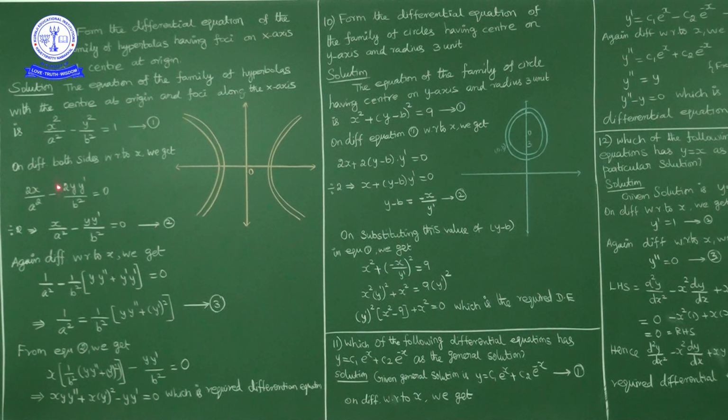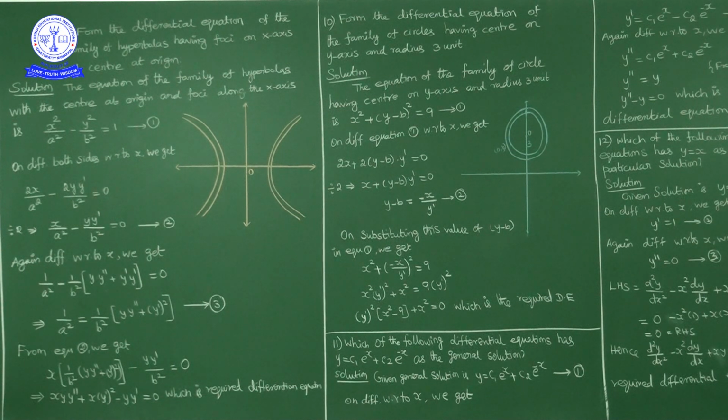Okay, now here 2 common and cross multiplied, so what do we get? x by a square minus y dash upon b square is equal to 0. Okay, now again differentiate with respect to x. So x by a square, differentiation 1 by a square, minus 1 by b square constant as it is, y dash derivative.